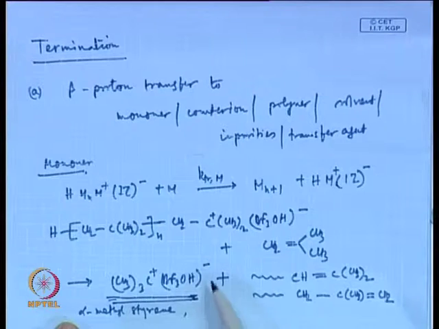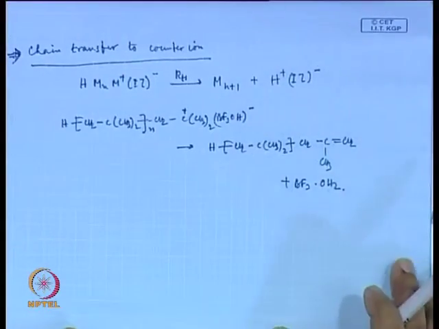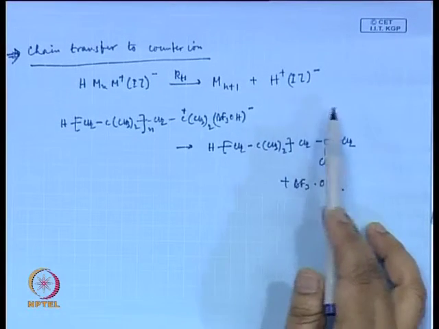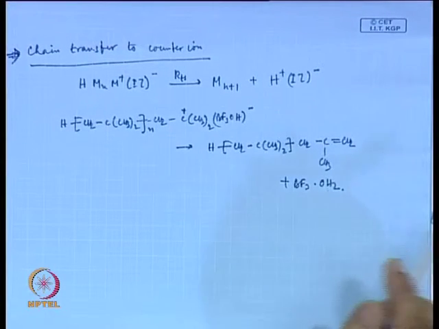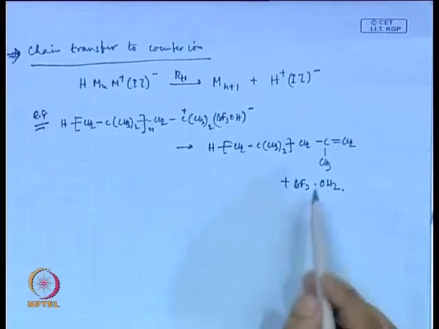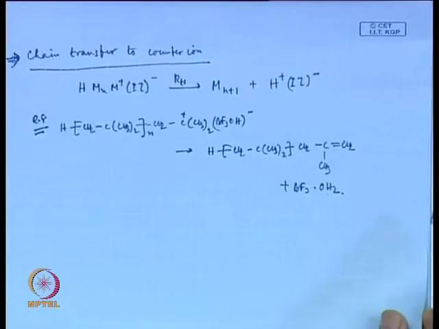The only thing that happens because of this chain transfer is that the molecular weight actually gets reduced. Similarly, in this case, this can again reinitiate a cationic polymerization. So, rate does not get influenced much, whereas the molecular weight drops, and this is again using the same example showing the chain transfer to counterion.